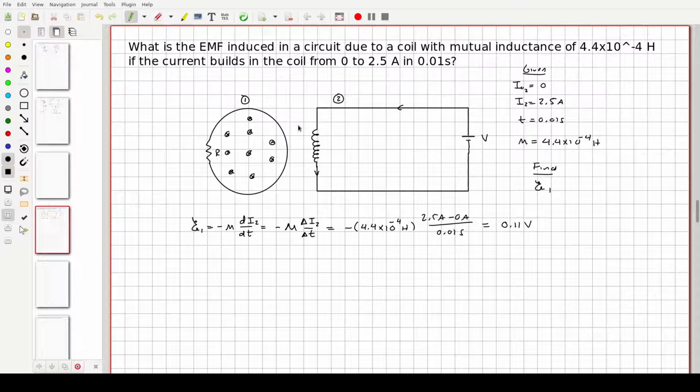And as a consequence, it creates a changing magnetic field, right? So here, looking at the direction of the current flow, it's going to be this way. The reason why is because if it's the other way, then if you put your thumb in this direction and curl your fingers across, you have magnetic field that adds to the changing magnetic field on the inside, and it violates Lenz's law.